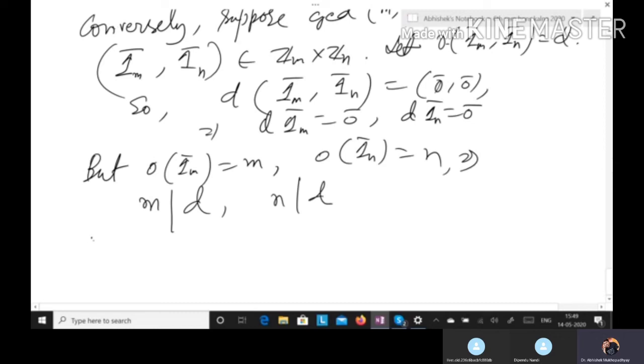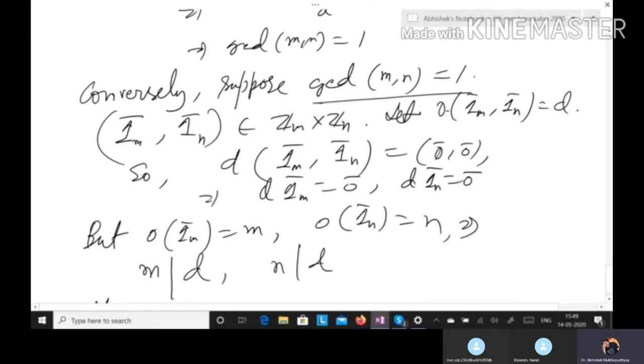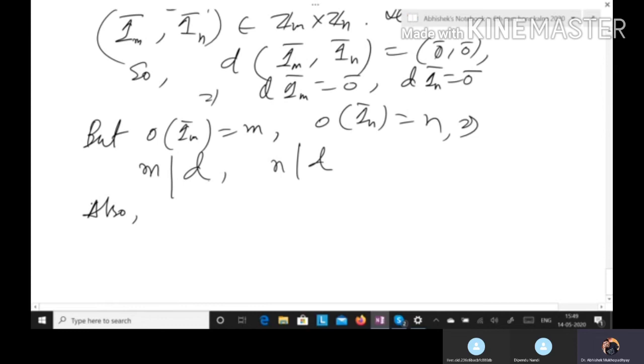But also our assumption is that GCD of m comma n is 1, and m divides d, n divides d. So since GCD of m comma n is 1, this implies mn divides d.